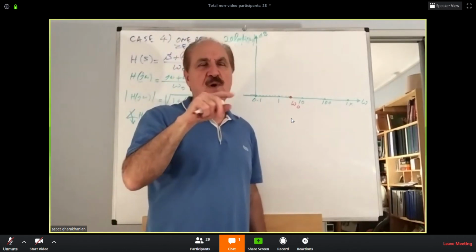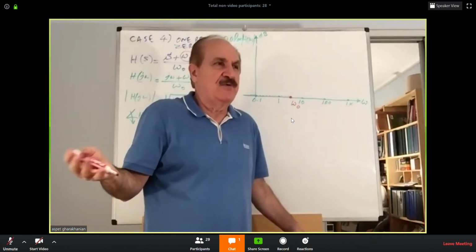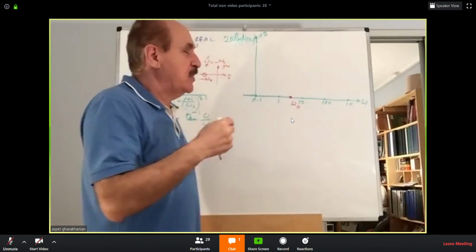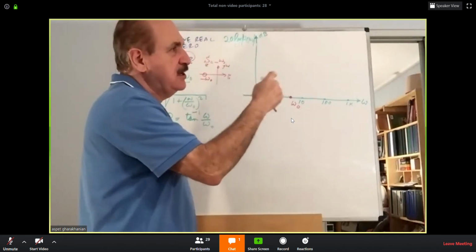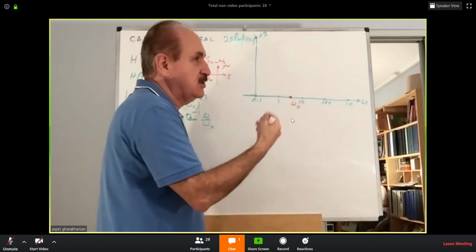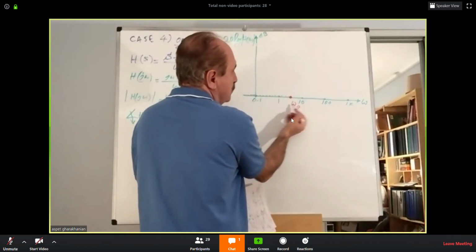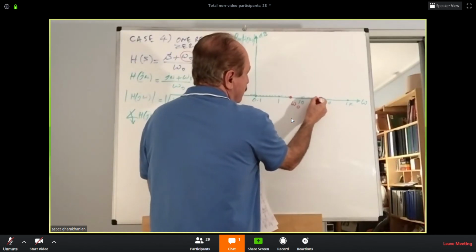Square root of 101 is almost 10. It's like square root of 100. So you get 10. 20 log of 10 will be 20 dB, because log of 10 is 1. 20. That's it. So you will go find the next spot.